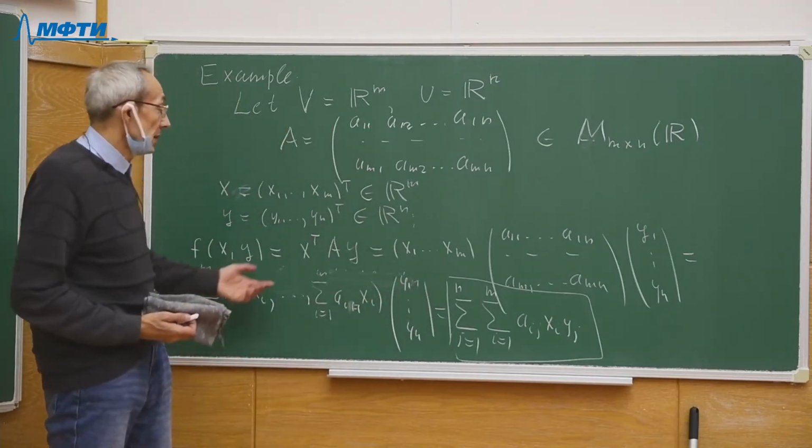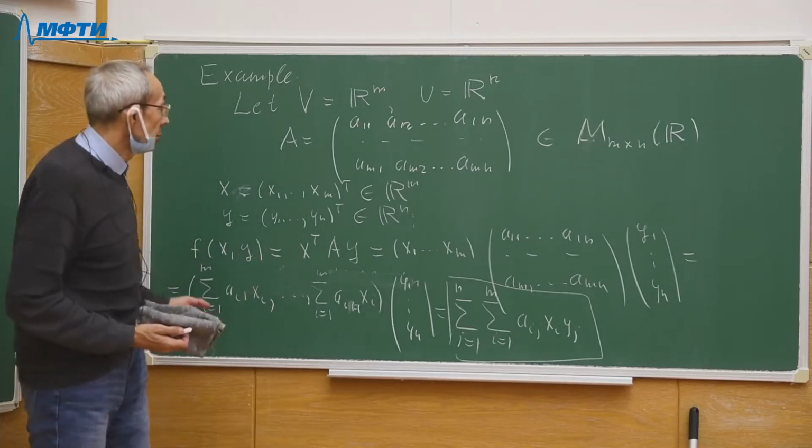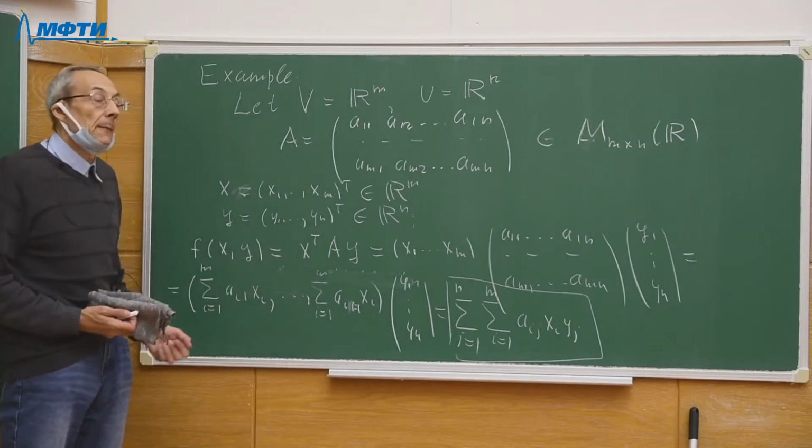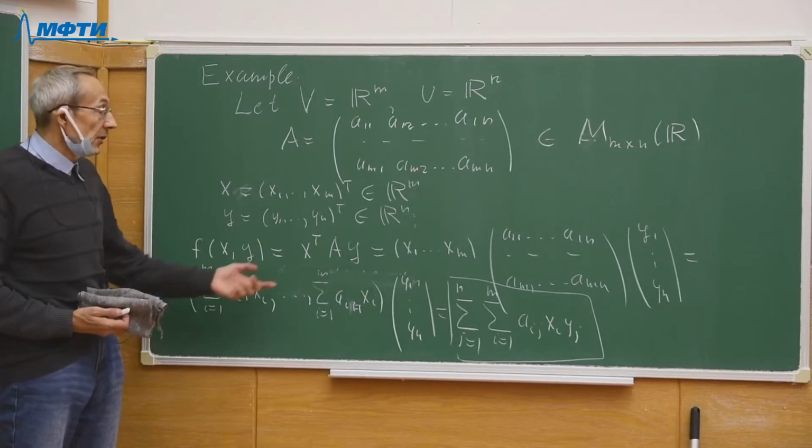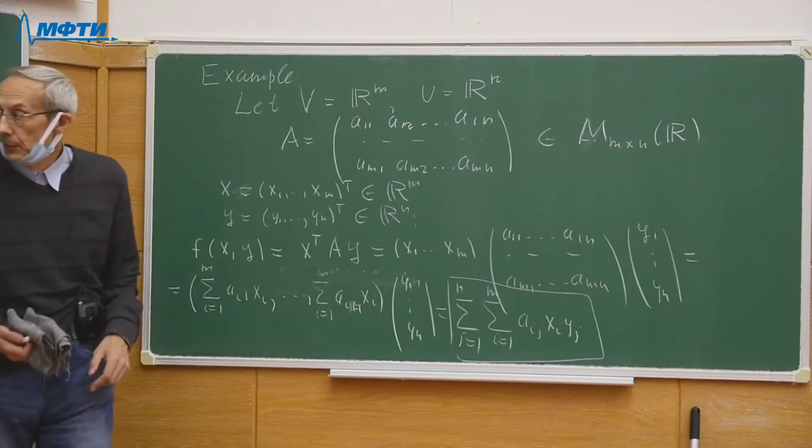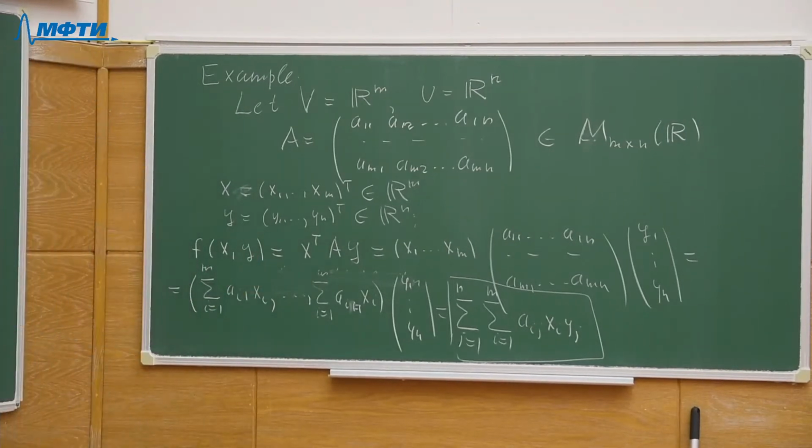How to check this assertion? How to prove that this formula defines a bilinear form? To prove this fact, we must check the four conditions.